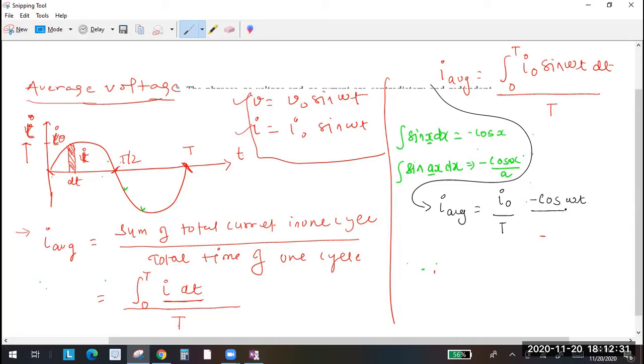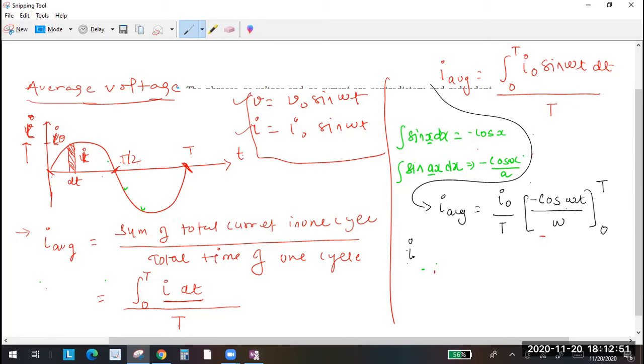So minus cos omega t over omega. And the limit is from which point to which point? It is from 0 to T. Good. Now let me place the value and then I will tell you.